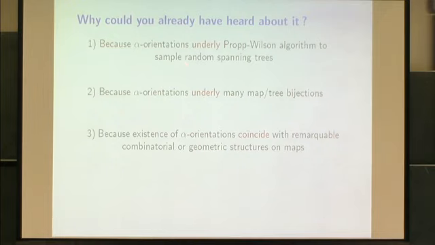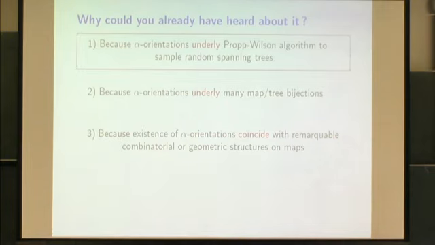And for the map aficionados, alpha orientations underlie many of the map tree bijections that have been developed in the last few years, so you probably heard a lot about that. But today what I will try to discuss more at length is that alpha orientations coincide with remarkable combinatorial structures on maps, the existence of alpha orientations.